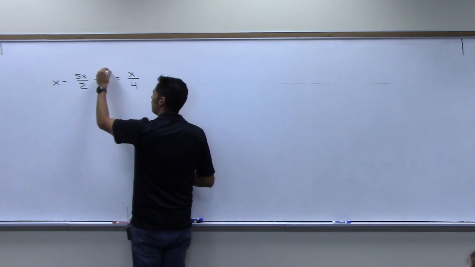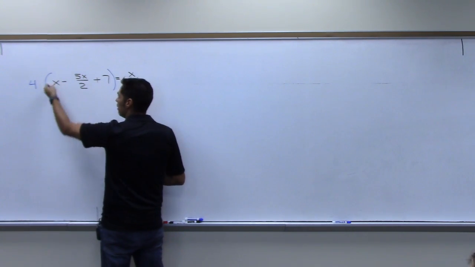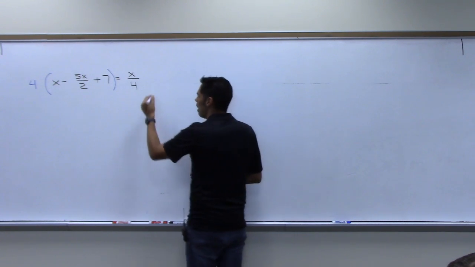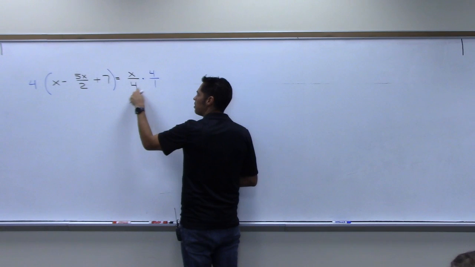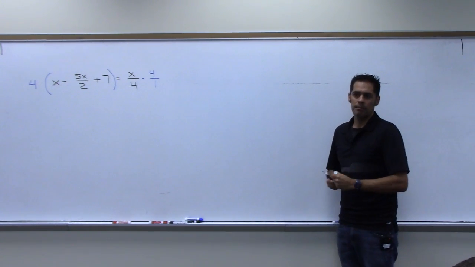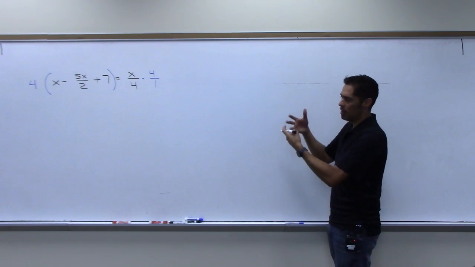So when you multiply the left side by 4, you must put a 4 out here in parentheses around the entire left side because there are 3 terms. On the right side, I don't need to put parentheses because this is a single term, so I can just put 4. I do write it as a fraction on the right side just because I'm multiplying it times a fraction, so I want to make sure everything lines up.